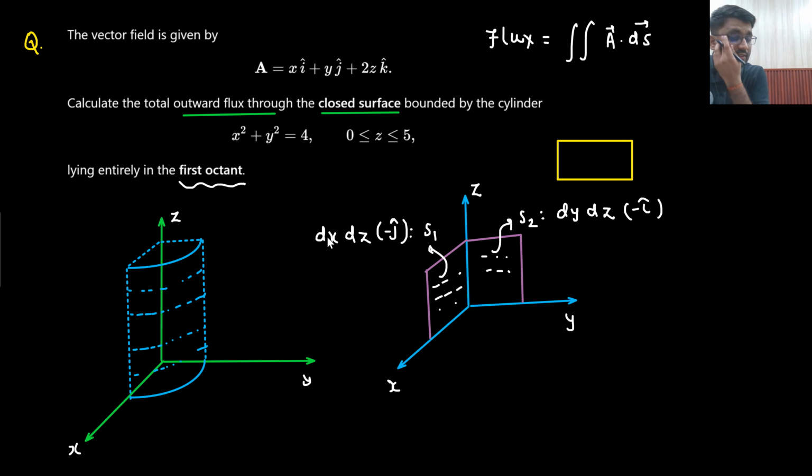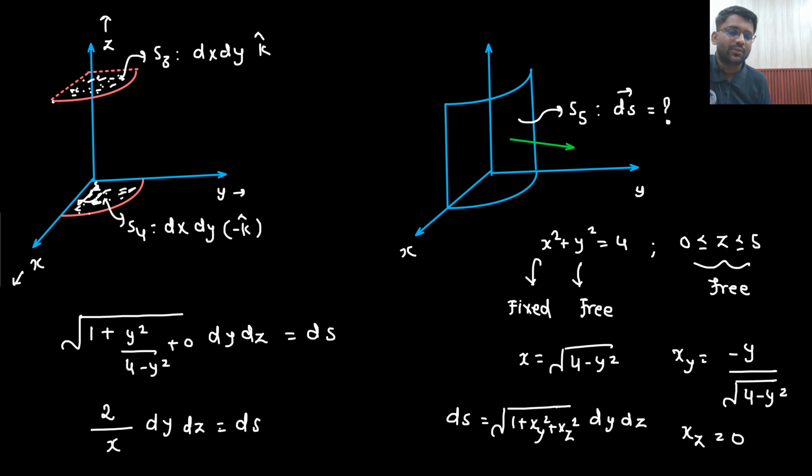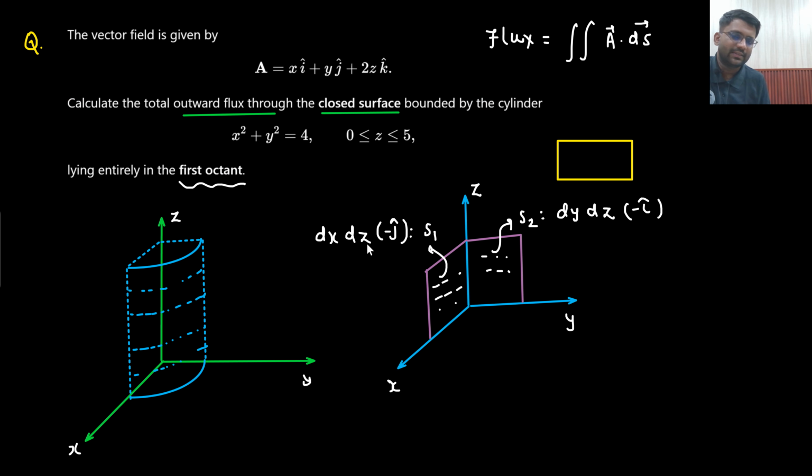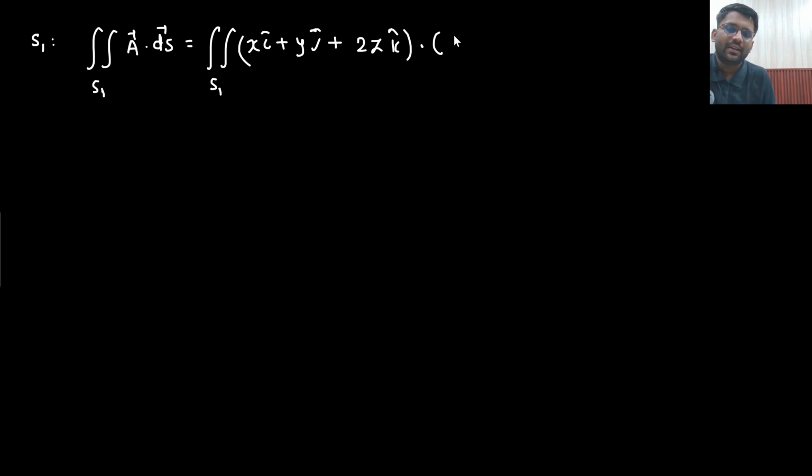For S1 the value of ds is dx dz minus j cap. And value of A is x i cap plus y j cap plus 2z k cap. Don't mess up the direction.